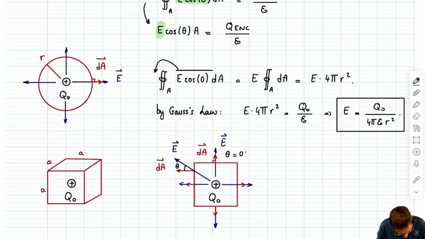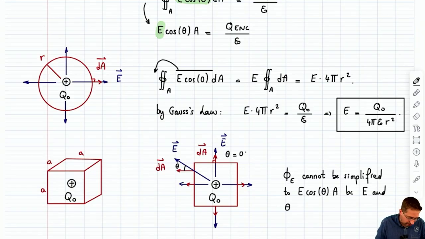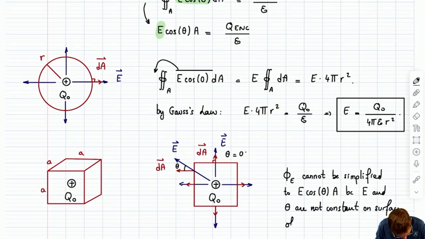So here, the electric flux, phi E, cannot be simplified to E cosine theta A, because E and theta, the direction of E relative to dA, are not constant on the surface of the cube.